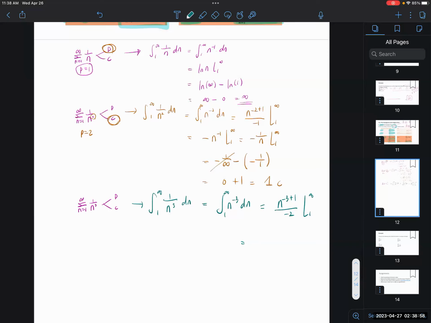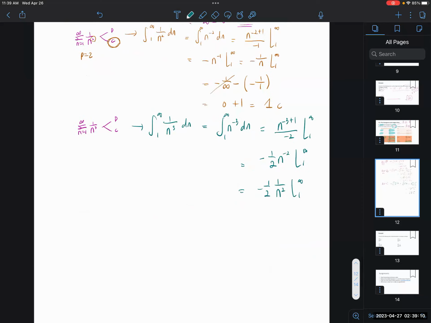So this means negative 1 over 2, n to the negative 2, so negative 1 over 2, 1 over n squared, 1 to infinity. You subtract: 1 over infinity minus negative 1 over 1, 1 over 1. This is 0 anyway, because of 1 over infinity. So 0, double negative, plus 1 over 2. This is also convergent.